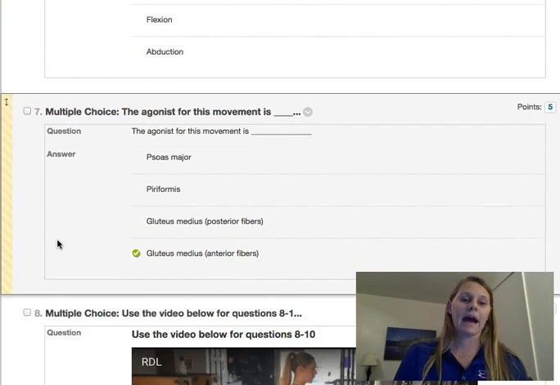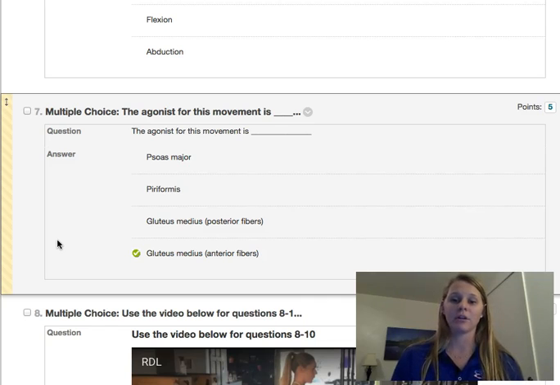Question number 7. The agonist for this movement is, and it gives us 4 muscles, psoas major, piriformis, gluteus medius posterior fibers, and gluteus medius anterior fibers. Well, he's sitting down, so he's clearly using his glutes while he's doing this internal and or external rotation. And the important thing to note here is that while internal rotation is occurring, the anterior fibers are assisting in that internal rotation.